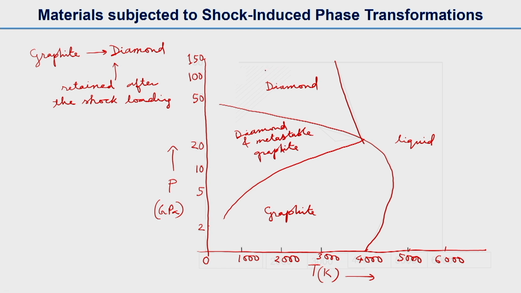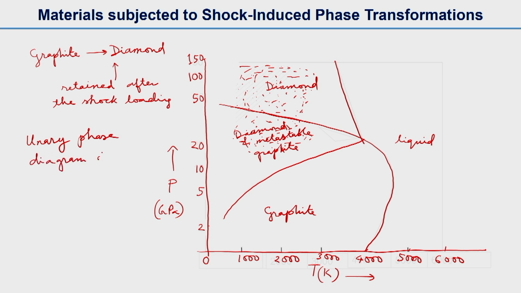Basically the diamond region is above this line, and even some below this line we can have diamond. What we have drawn is the unary phase diagram of carbon; unary means one component, and the only component is carbon.